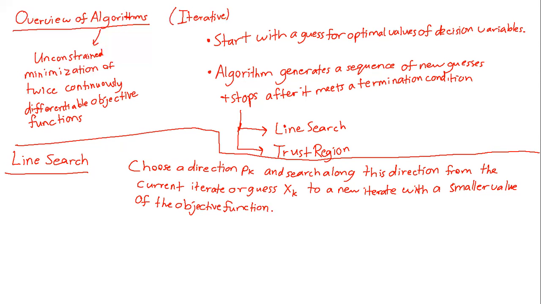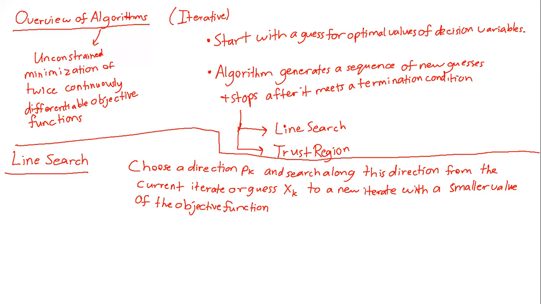Let me finish showing what this looks like, and then I will describe it better. The distance you would move along this direction, pk, is not clear just from reading this, because it says search along this direction.